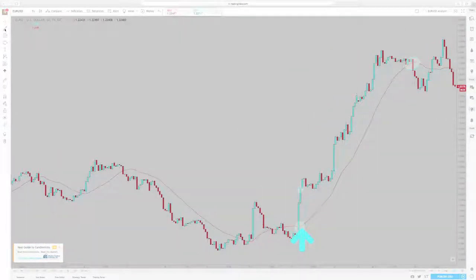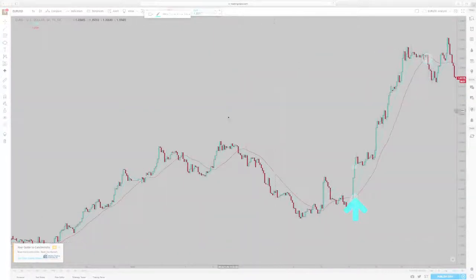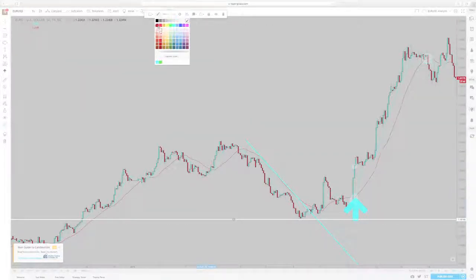And let's say we weren't just focused on the moving average, but we were looking at a possible reversal right here that's happening by using a trend line and a support line.